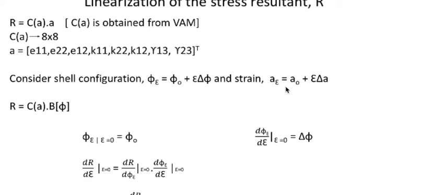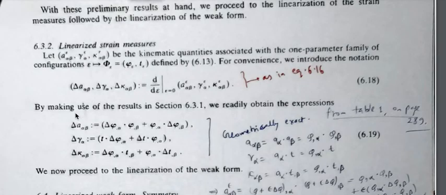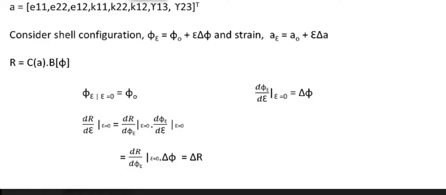Then we consider this shell configuration like this, and A epsilon is equal to A naught plus epsilon delta A. This we have already seen in part 1. So delta of all these strain values is like this.